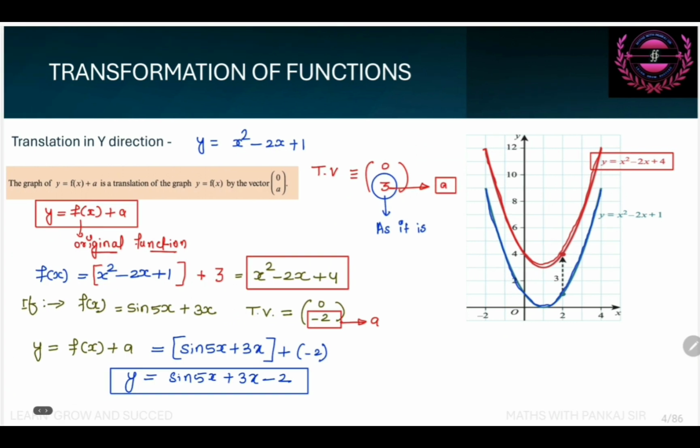Similarly, in the previous question as well, minus 2 indicates 2 units of translation in the negative y direction.